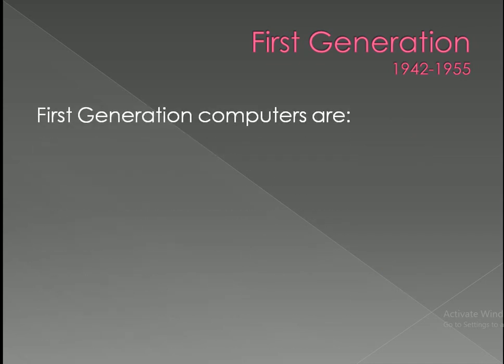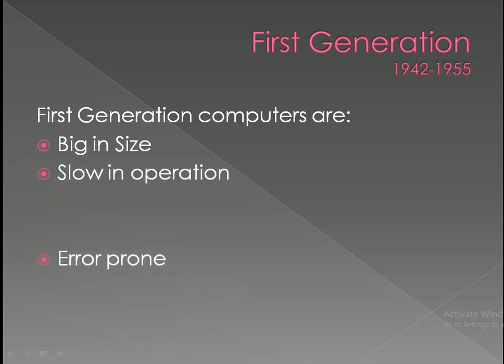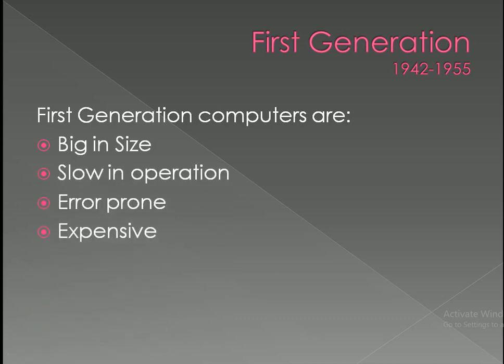The first generation computers were big in size, slow in operation, error prone, expensive, and consumed lots of electricity. It means they had many drawbacks.